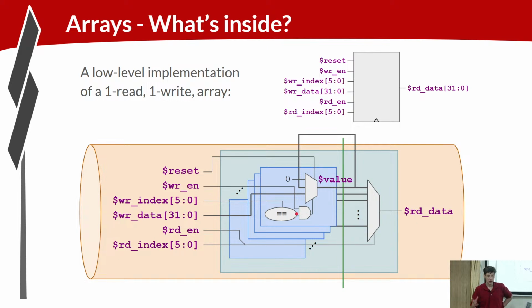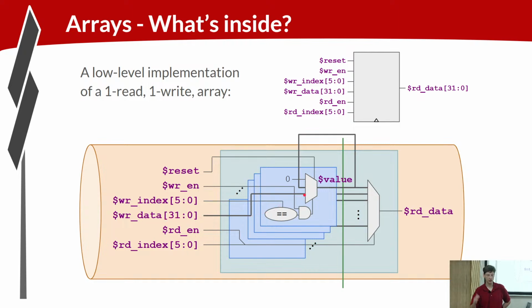For each of those values, what should we look at first? If the write index is my index, so this comparison is with my index, so for index 0, is the write index equal to 0, and the write is enabled, then I want to write the value that's sent in, the write data.